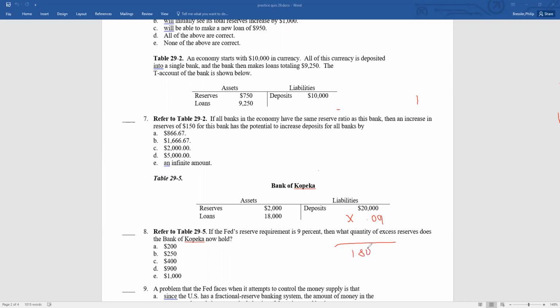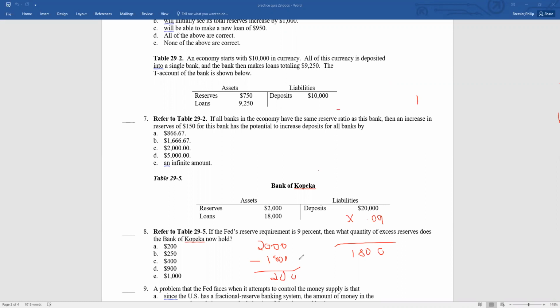I look at my reserves, and that says 2,000. So if I take 2,000 and subtract the 1,800, I have 200 in excess reserves. So the answer would be A.